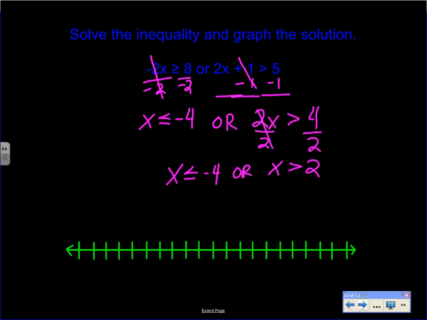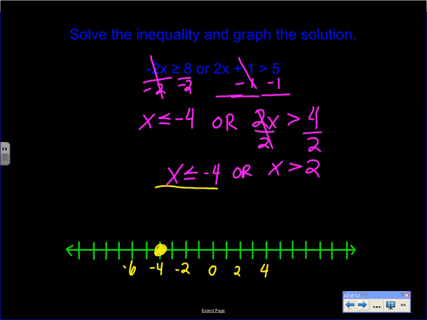Let's graph the one on the left. x is less than or equal to negative 4. Close the circle at negative 4.